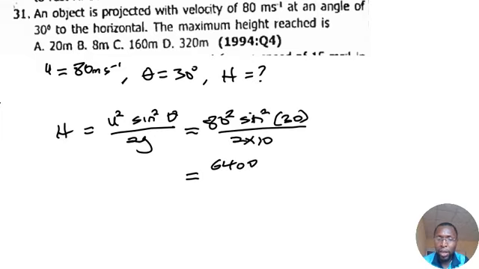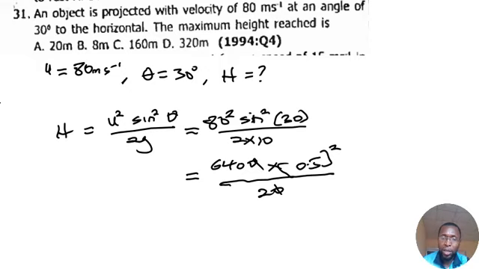Then sine 30 is 0.5, so 0.5 squared. Then over 2 times 10 is 20, so 0 cancels 0, then we can quickly simplify this with our calculator. So we have 320.